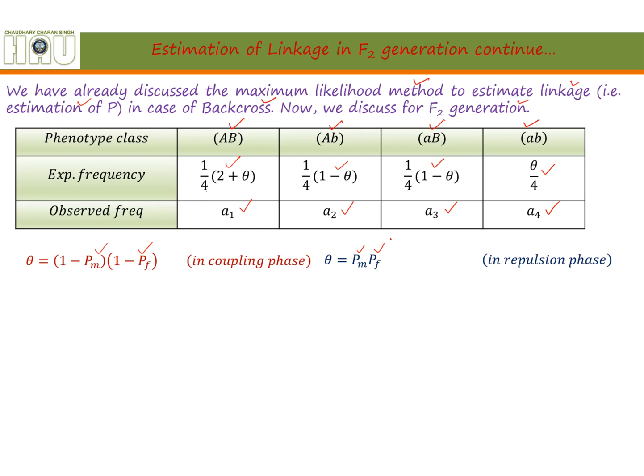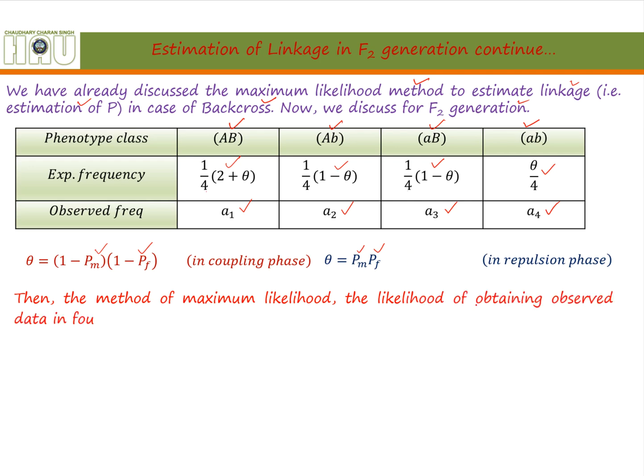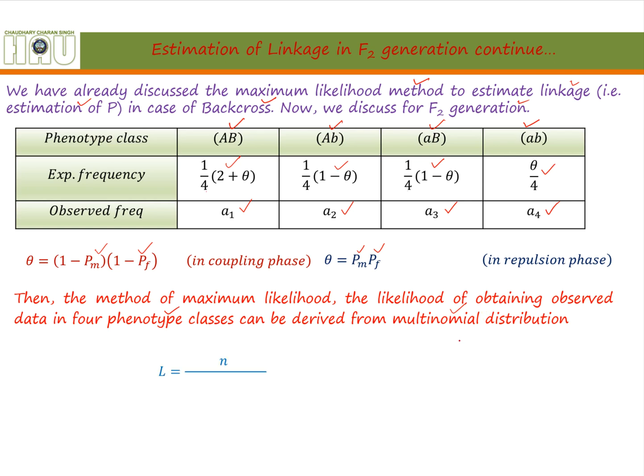Then the method of maximum likelihood: the likelihood of obtaining the observed data in four phenotypic classes can be derived, as I have already said, through the multinomial distribution. The likelihood function is represented like this.